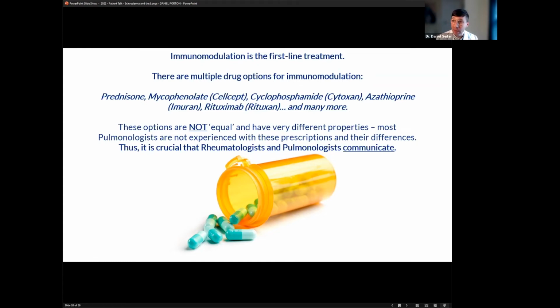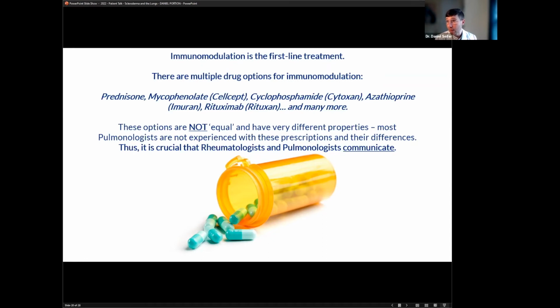The pluses, the minuses, why you would start with one, not start with the other. And most pulmonologists have very little experience, or don't even have privileges, frankly, and have never written for some of these medications and their differences. And so when that happens, they end up falling back on just the few that they know about, or the few that they're comfortable prescribing.